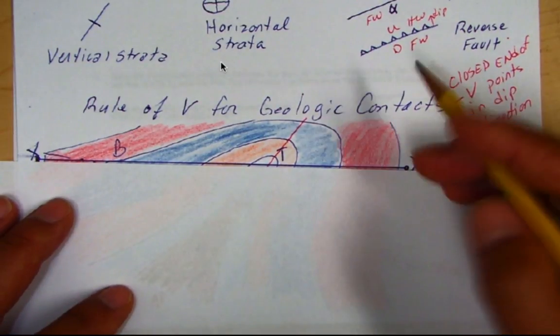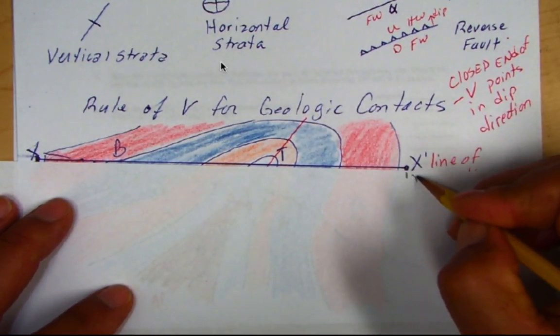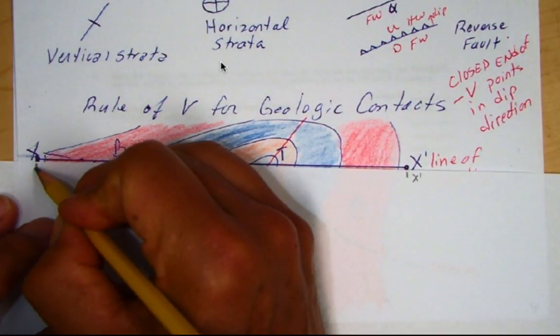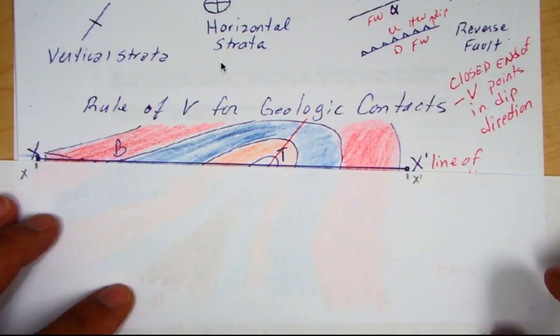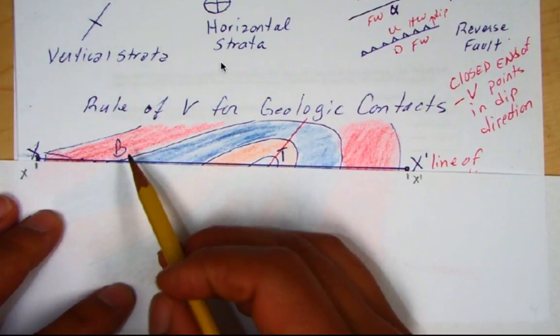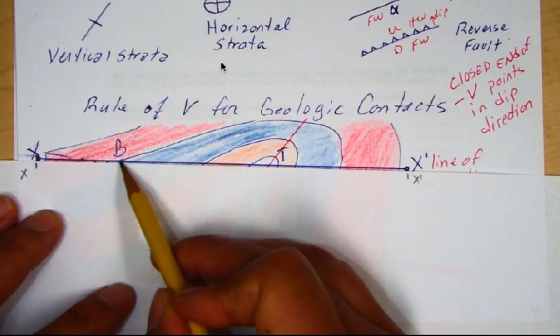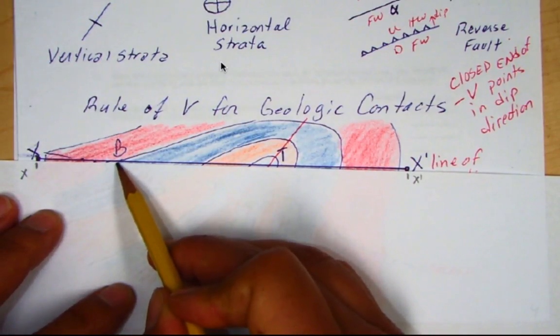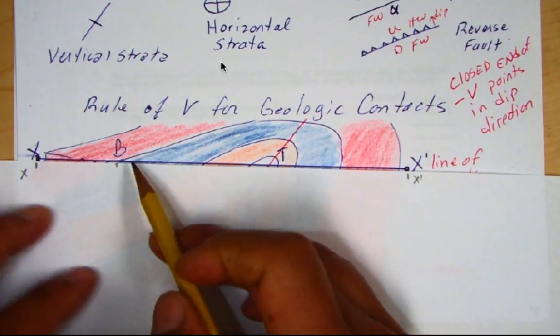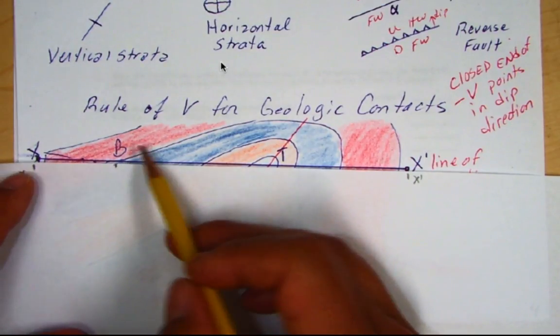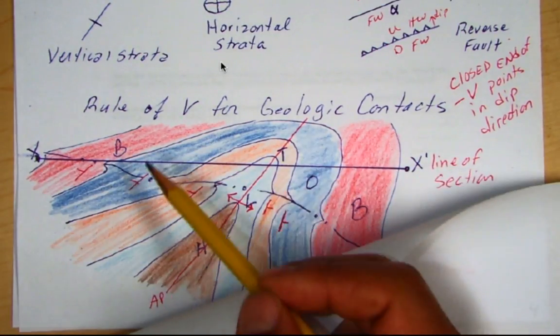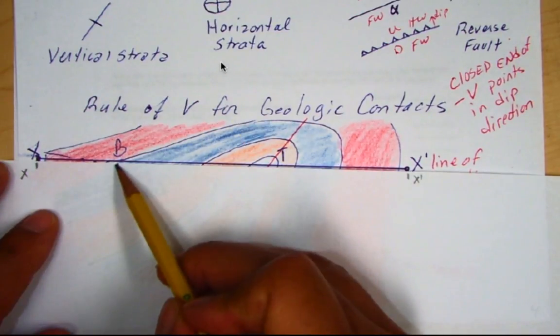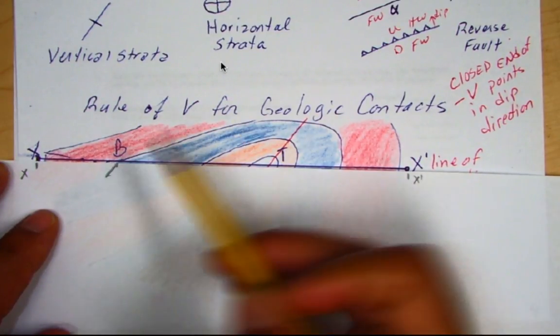Then you'll mark where X prime is over here and where X is over here, so you know where those points are. Whenever a geologic contact crosses that line of section, you're going to put that contact there. Since I know formations B and O are dipping off toward the west, I'm going to show that they're dipping off in that direction there.